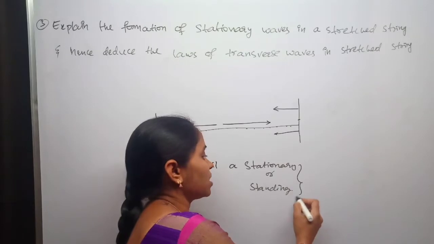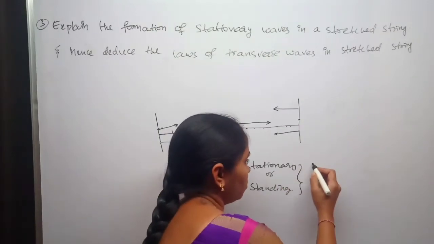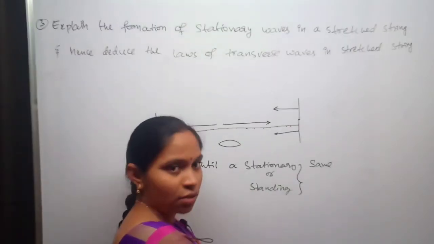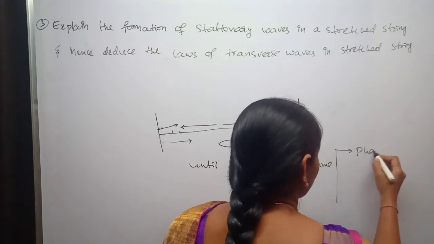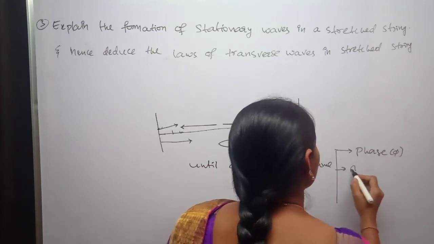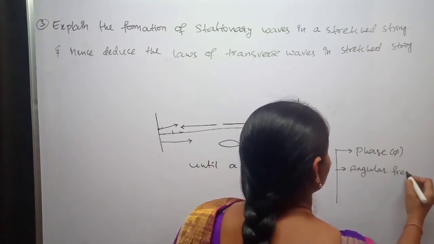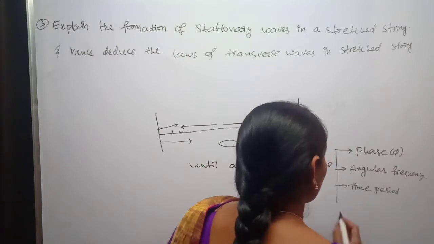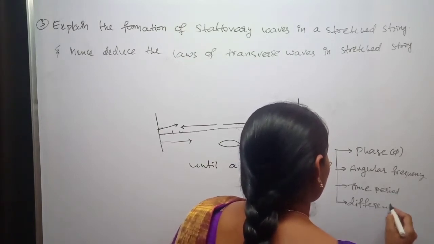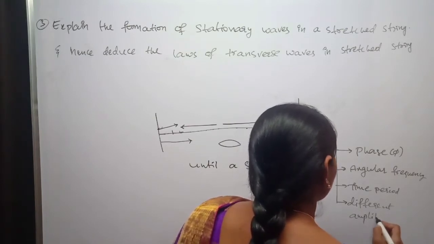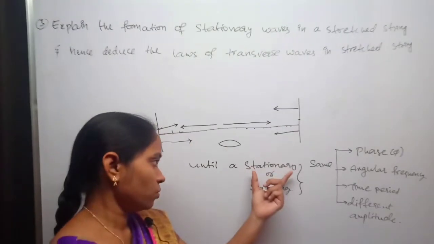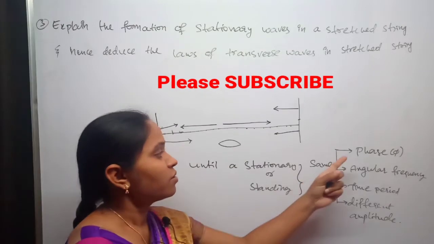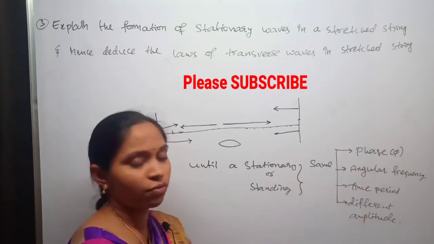And we know that the standing wave or stationary wave will form whenever the two waves which are superimposing over each other have same phase, same angular frequency, and same time period, but different amplitude.